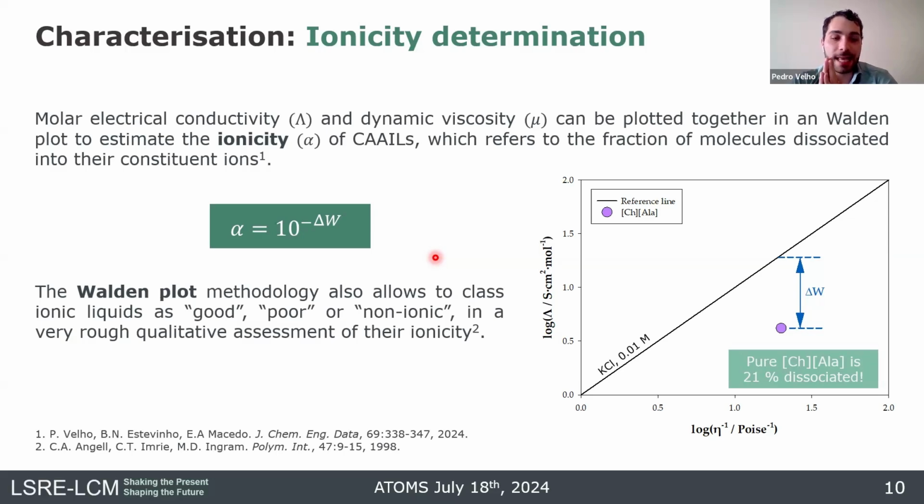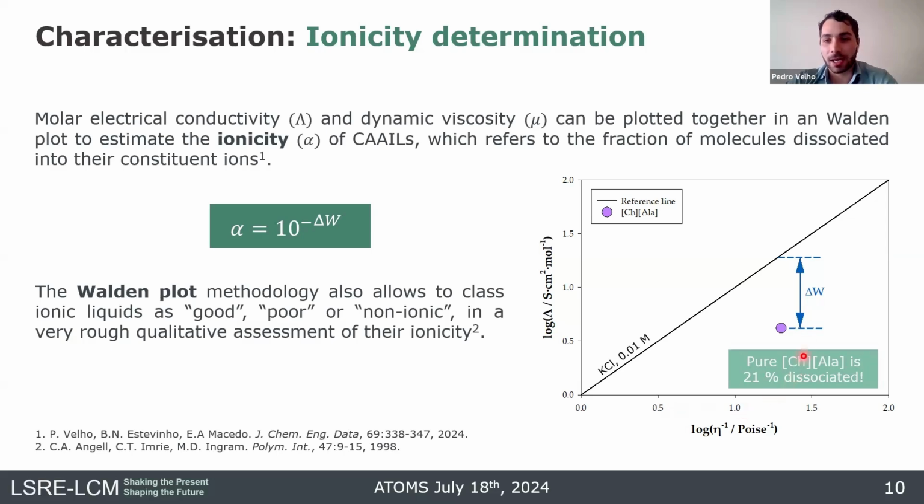So let's say, the percentage of the molecules that are divided into cation and anion. And we can estimate ionicity using the Walden plot methodology. So we plot the logarithm of molar electrical conductivity against the logarithm of the inverse dynamic viscosity.